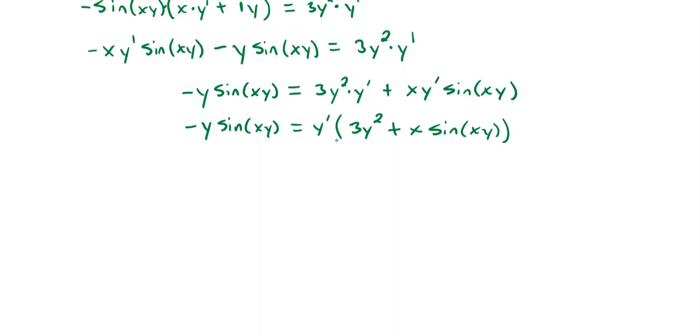All right, last step, just to get rid of all of this, we'll do that by dividing both sides. So this will be negative y sine xy all over this chunk, 3y squared plus x sine xy.